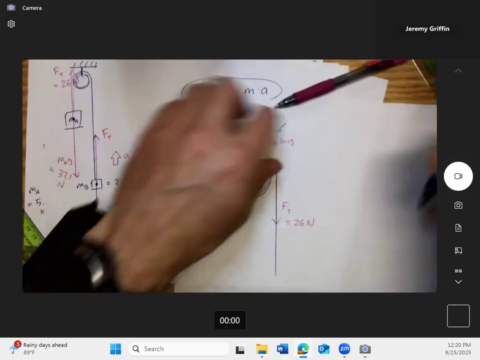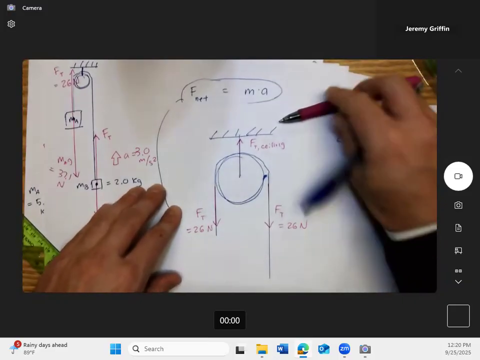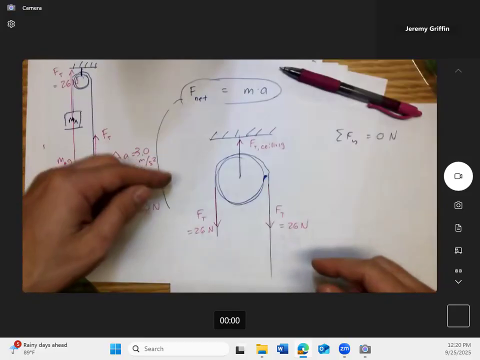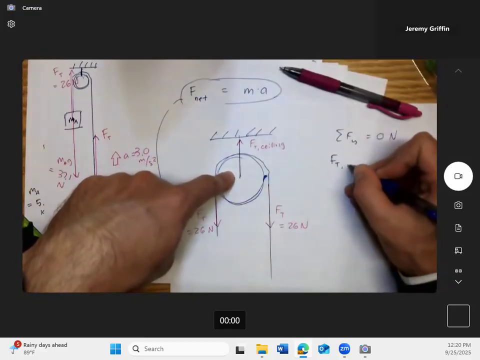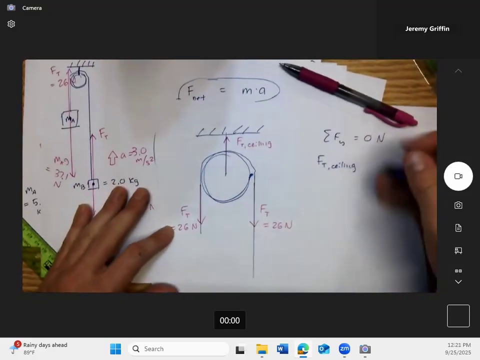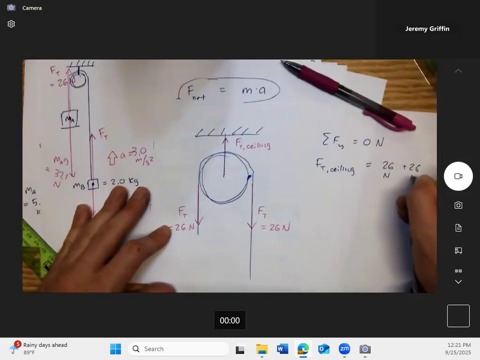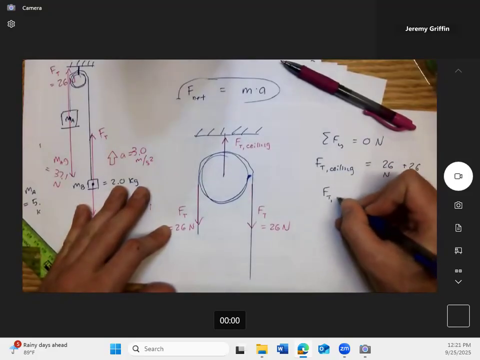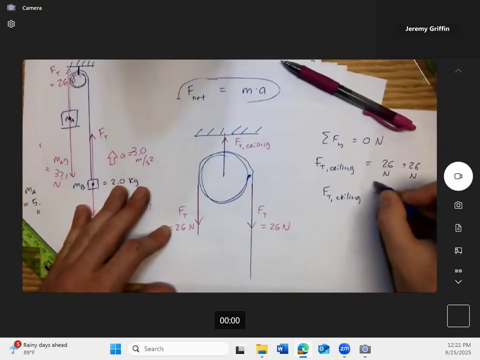But the sum of the forces in the y direction is 0, because this pulley isn't moving up or down, it's just sitting stationary in place. That means F_T ceiling minus 26 minus 26 goes to 0, or it'd be 26 plus 26. F_T ceiling equals 52 newtons.